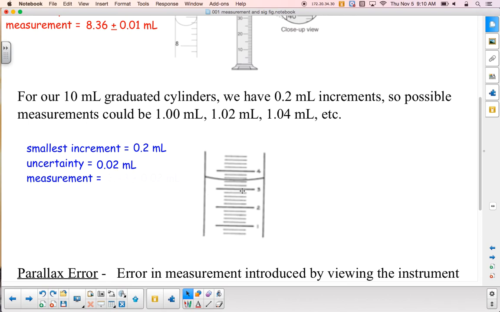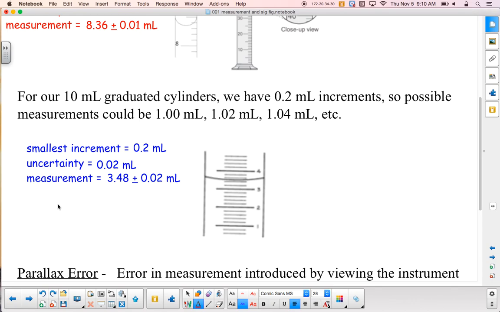So my measurement here, I know it's past the 3, past the 3.2, past the 3.4, and on its way to 3.6. It looks to me that we aren't quite halfway between 3.4 and 3.6, so I'm going to estimate that we're at 3.48 plus or minus 0.02 milliliters.